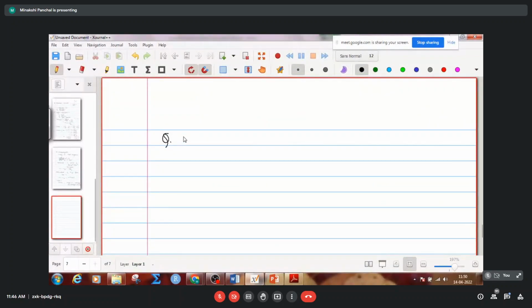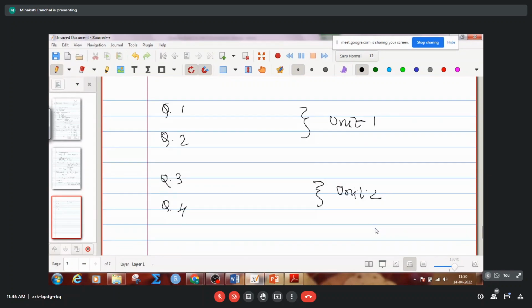जो लास्ट क्वेश्चन्स हो गए: question number 1, question number 2 are on unit number 1, then question number 3, question number 4 are on unit number 2, and question number 5, question number 6 are on unit number 3. What pattern will we follow? दोनों के लिए भी पैटर्न क्या होगा?